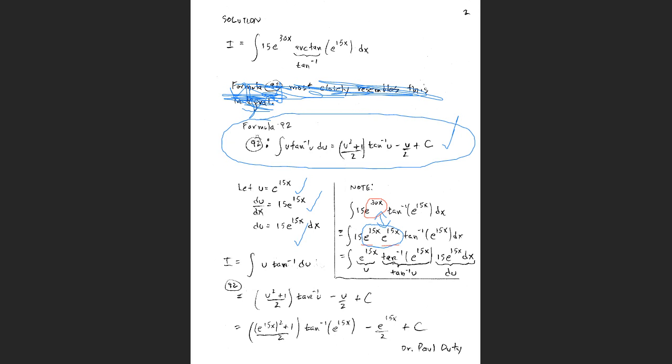Well, I have what I need to rewrite this integral in terms of u. Isn't that amazing? So it turns out that when I do the substitution, u equals e to the 15x power, the integral becomes the integral of u times the arctangent of u du.